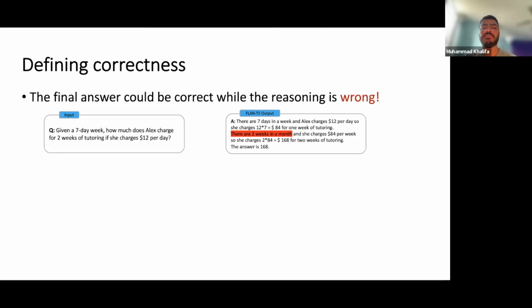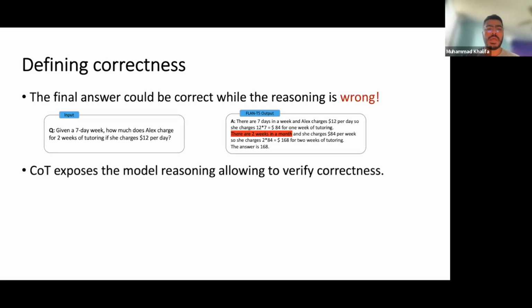These examples have also been shown on much larger models like GPT. So while chain of thought exposes the model's reasoning and allows us to verify its correctness, it's important to not just look at the final answer, but also look at the intermediate reasoning.